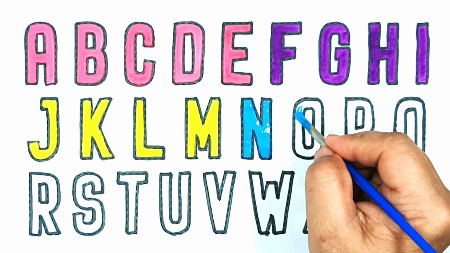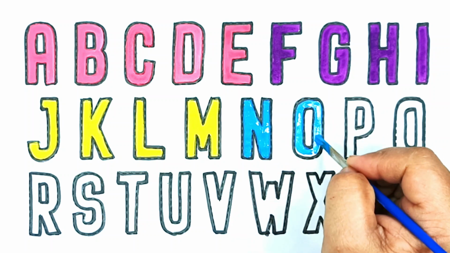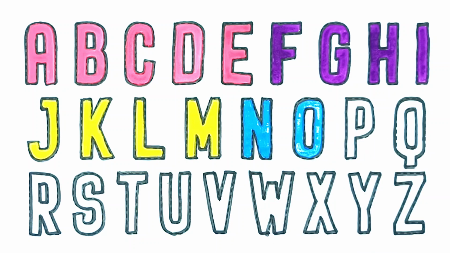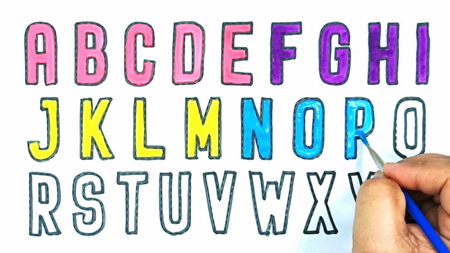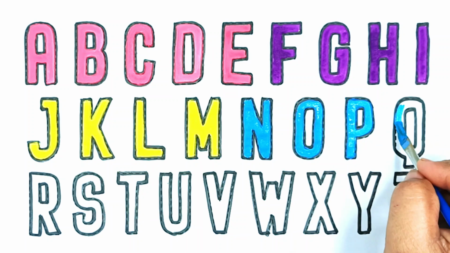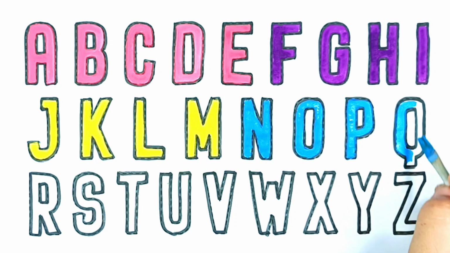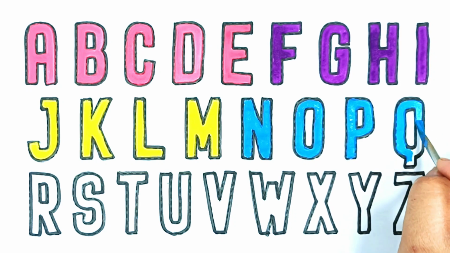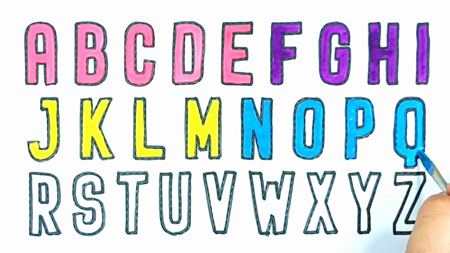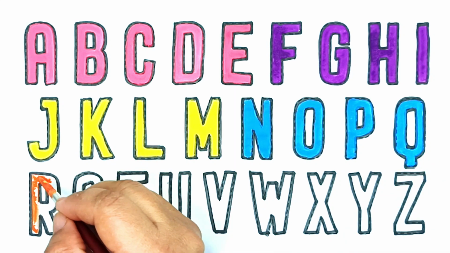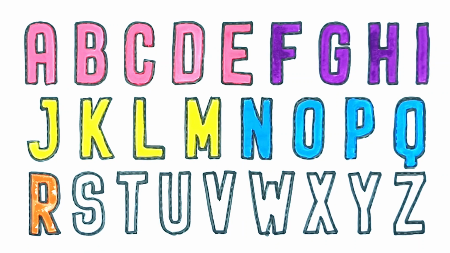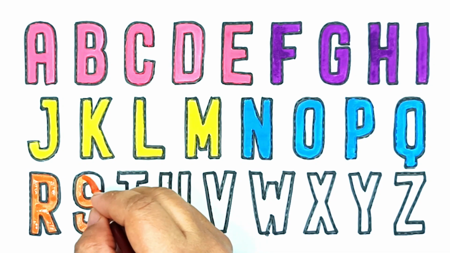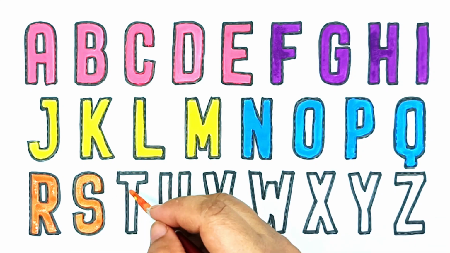N for net. Wood and clay will wash away. O for onion. Wood and clay will wash away, my fair lady. P for pen. Build it up with iron and steel. Q for queen. R for ring. S for star. Bend and bow.